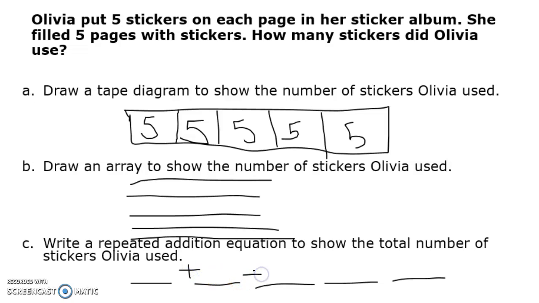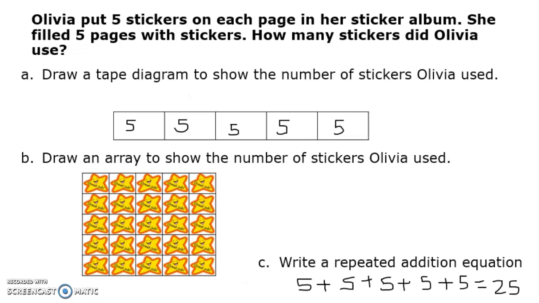And I think the tape diagram kind of gives it away of what you are adding. If you fill this equation with the number 5, then you are correct. And I'm going to go to the next page to show you all the answers.